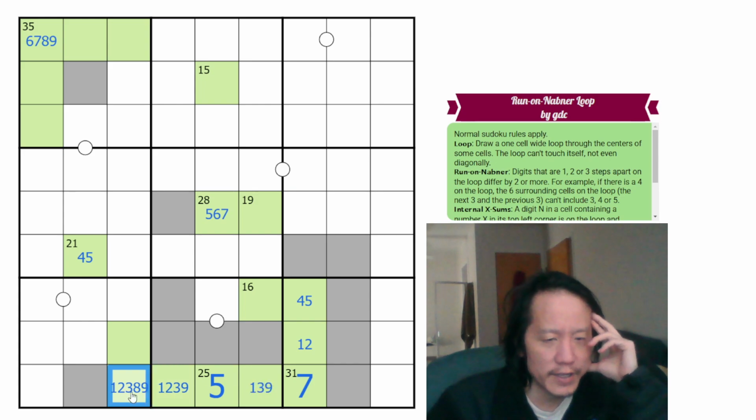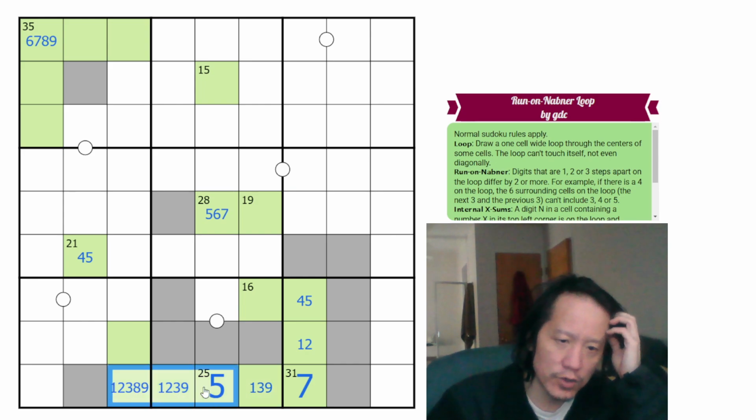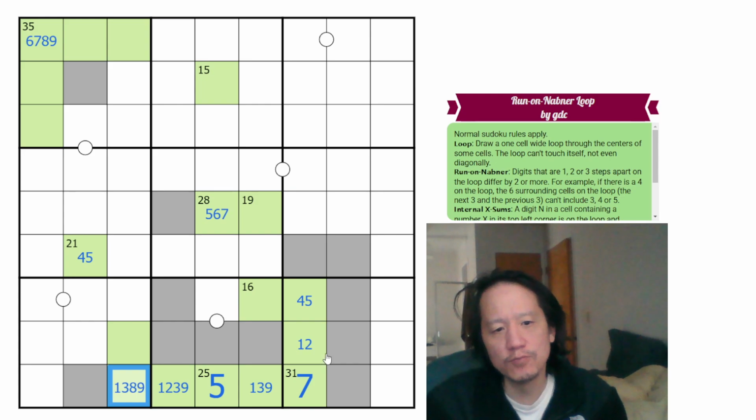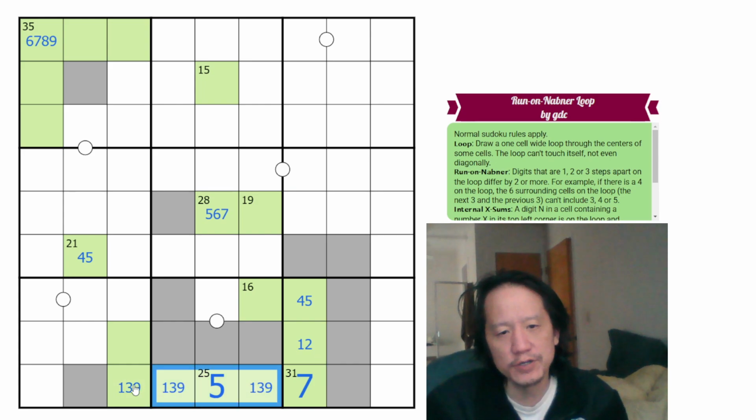I mean, if this were 8 and this were 2, the problem is this would have to be 3 to add up to 13. And 3 and 2 are essentially consecutive. Yeah, so this does have to be 1, 3, and 9.